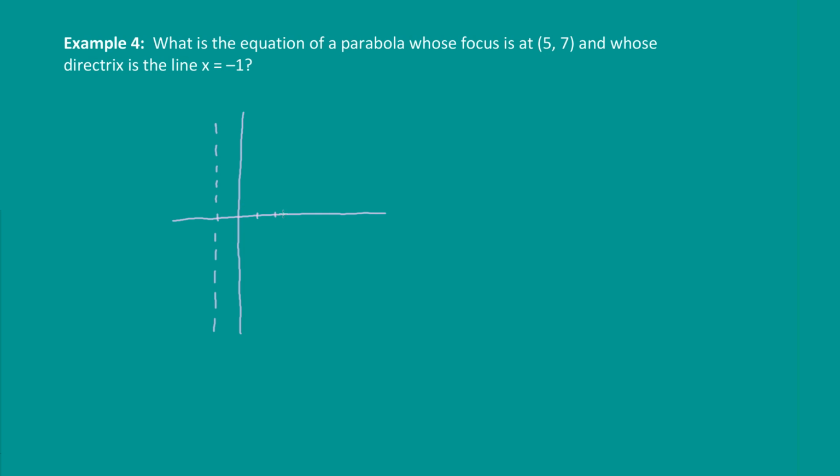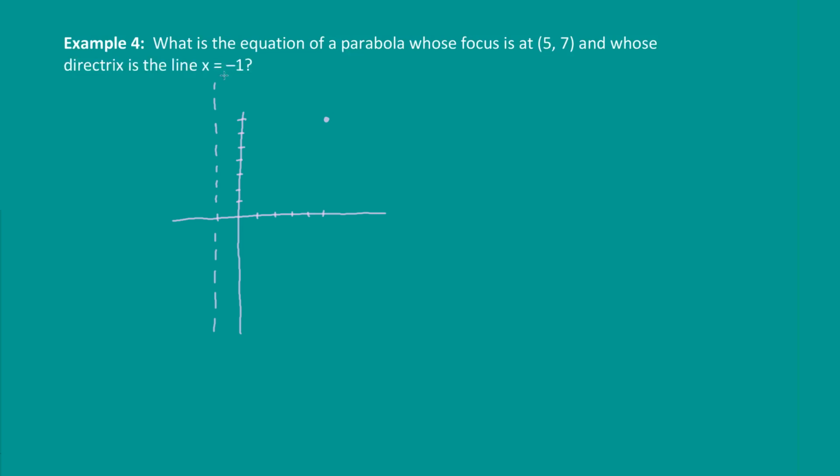So 1, 2, 3, 4, 5. 1, 2, 3, 4, 5, 6, 7. So if the directrix is back here, it stands to reason that it's going to open to the right, because our focus is going to be inside the parabola, directrix is going to be outside of it.